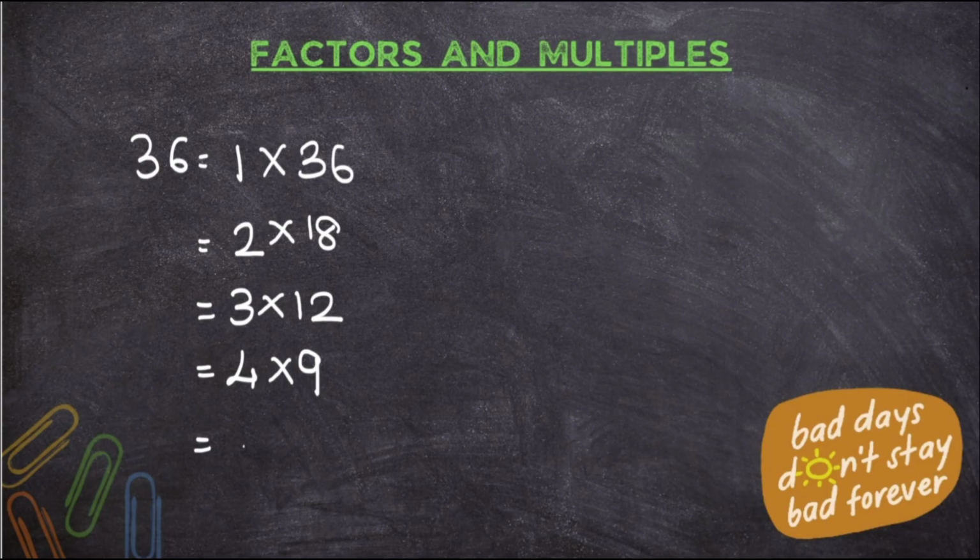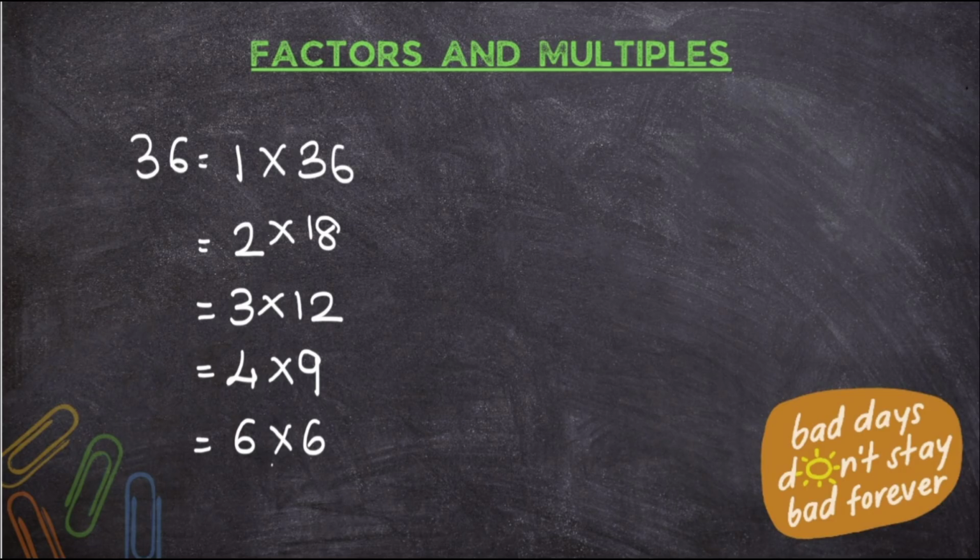No. 6 table? Yes. 6 6's are 36. 7 table? No. 8 table? No. 9 table? Yes. I have already written. 9 4's are 36. 10 table? No. Mostly go till only 10 because most of the time you are given questions which will be under 10 only. Okay. So here you can stop.